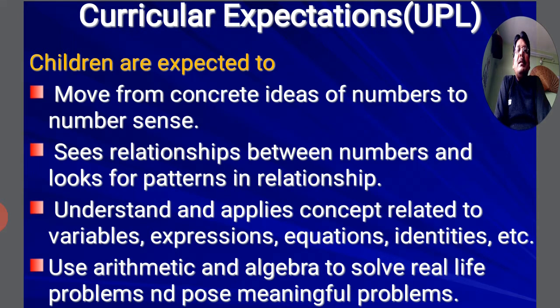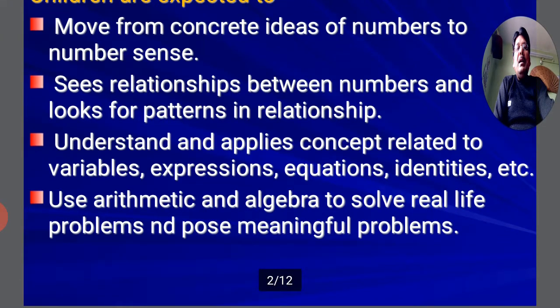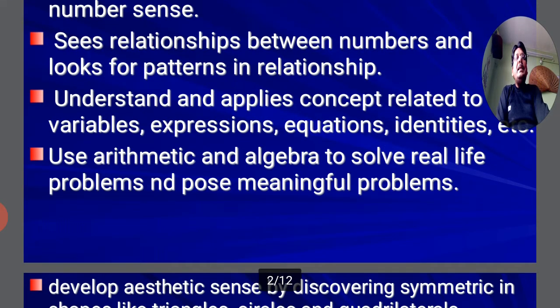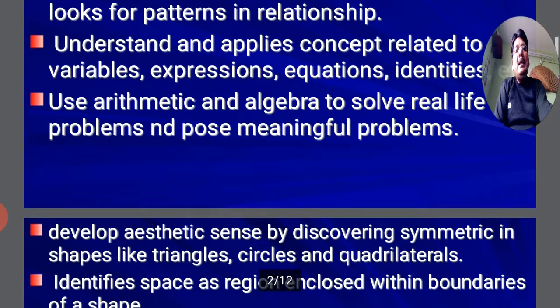Next is to see relationships between numbers and look for patterns in relationships. Next is to understand and apply concepts related to variables, expressions, equations, identities, etc. Next is to use arithmetic and algebra to solve real life problems and pose meaningful problems.